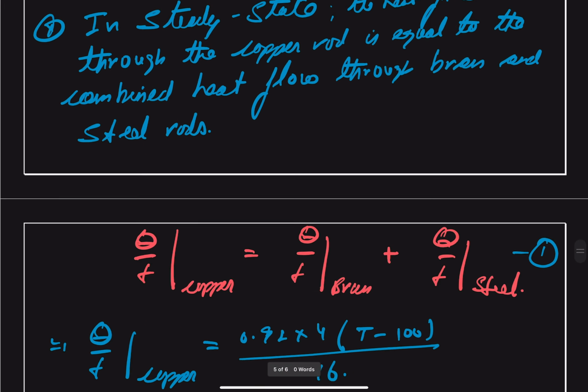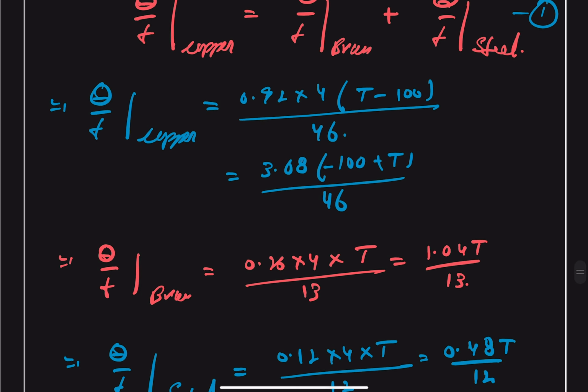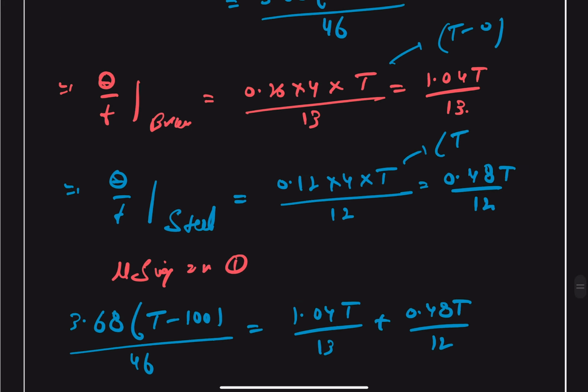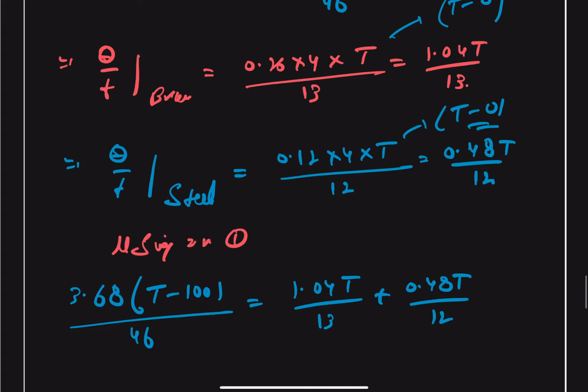Let me revert this back into 100 minus T, because at the other end I have written 0 minus T. So this is basically T minus 0, and this one also is T minus 0. So there is a symmetrical relationship between the equations, and here also this can be written as 100 minus T.